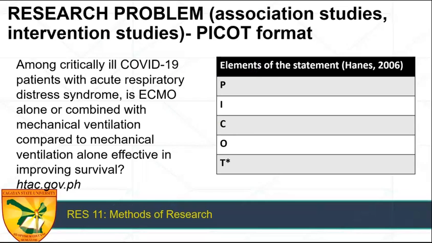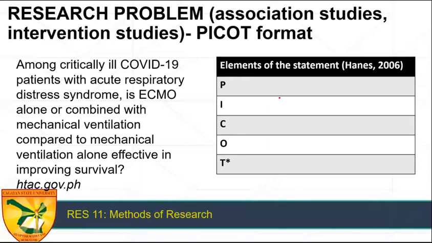So the research problem is: among critically ill COVID-19 patients with acute respiratory distress syndrome, is ECMO alone or combined with mechanical ventilation, compared to mechanical ventilation alone, effective in improving survival?